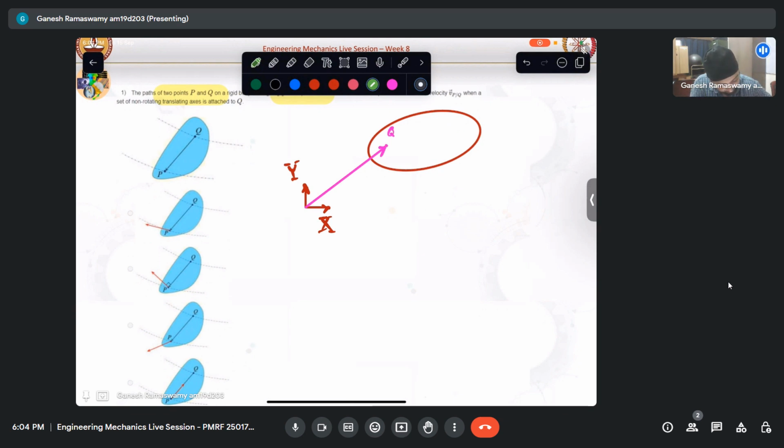So let me take another point P, and let me draw the position vector like that. Now what I have done is, let me take this to be the non-rotating translating axis. So this is small x, small y. Now we have to understand this clearly that I am fixing this at q.